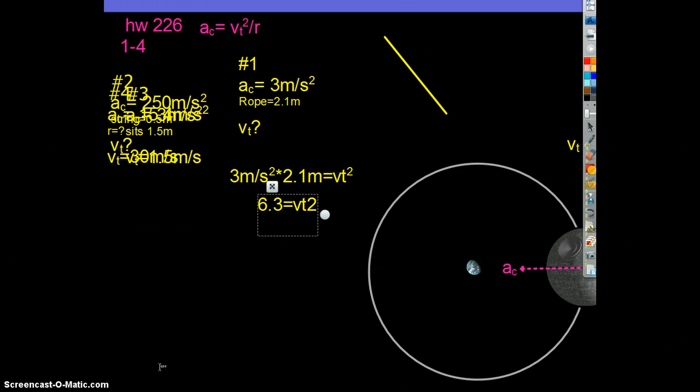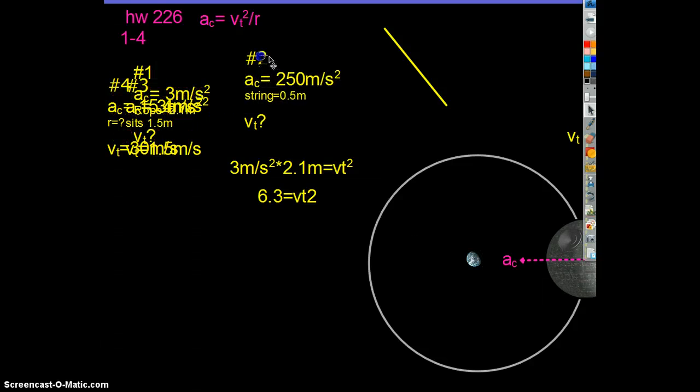And when you square root that, you are left with 2.5 meters per second. Understand that I'm looking at the book's rounded numbers, if yours are slightly different. Make sure that if you need to pause the recording to go over something, you do so.